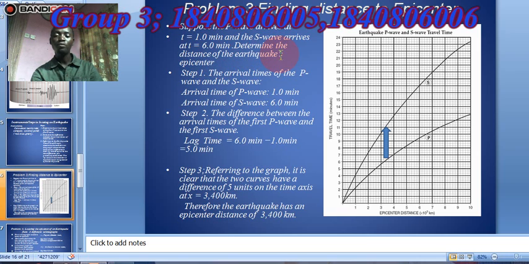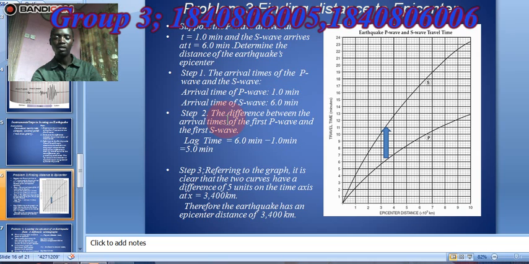So the first thing to do, as we have seen in the steps, step one is to identify the waves. What is the identification of waves? We just have to take what we are given here. The arrival of the P wave is 1 minute and that of the S wave is 6 minutes. That's all. We identify them.